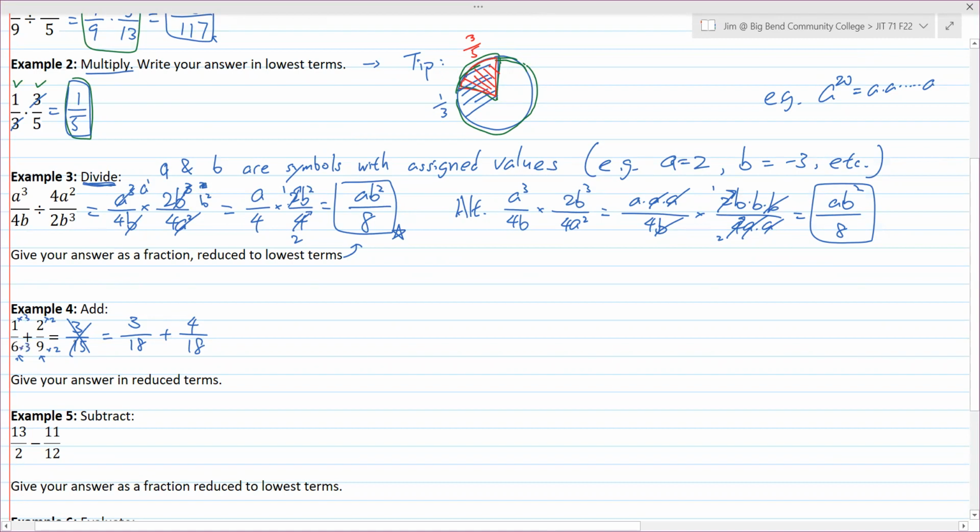Make sure, if you think I go too fast, pause the video and rewind and check again. The common denominators can be matched in this way, and then this is when the numerators are additive, as 3 plus 4. And then you got the answer as 7/18, which is the simplest form.